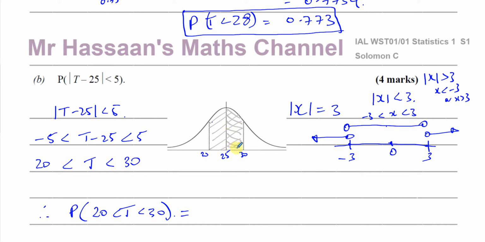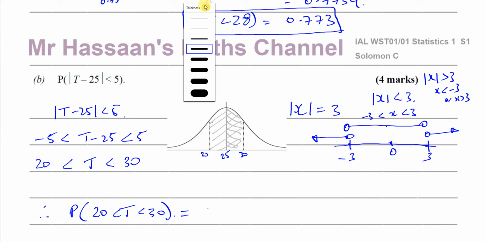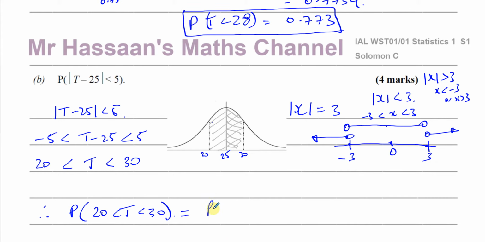And I think that's going to help me, because if I find the probability of t being between 25 and 30, okay, and I multiply that by 2, that's going to give me the whole of this area.